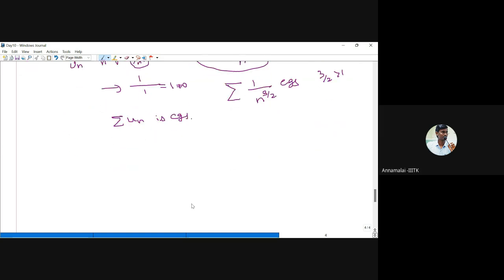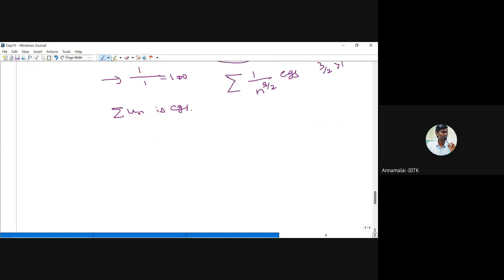Now, maybe one more example. Suppose we have considered the series 1 by square root of n plus square root of n plus 1. What can you say about this series?